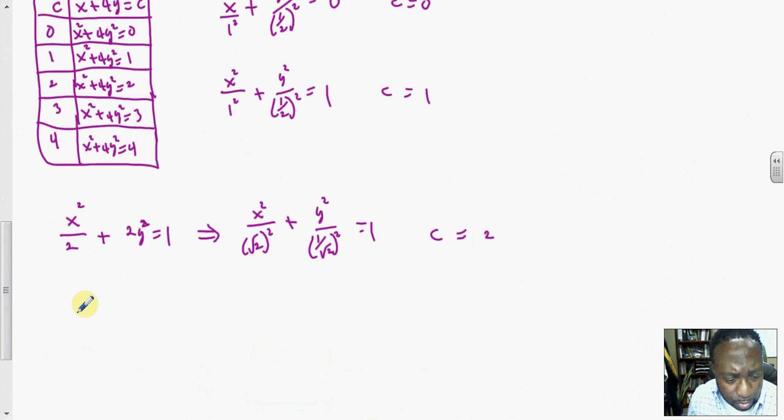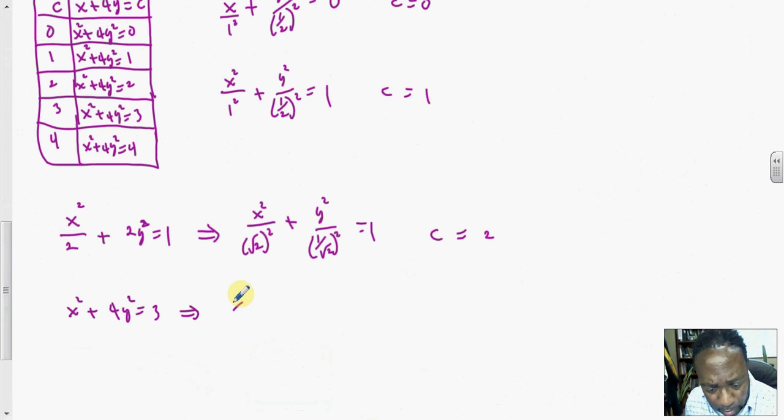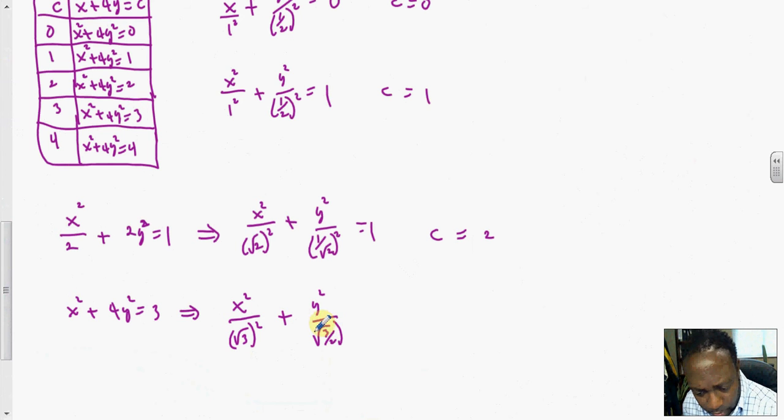Then for c equal to 3, you have x squared plus 4y squared equal to 3. Divide through by the 3. So we get x squared over the square root of 3 squared plus y squared over the square root of 3 over 2 squared is equal to 1.